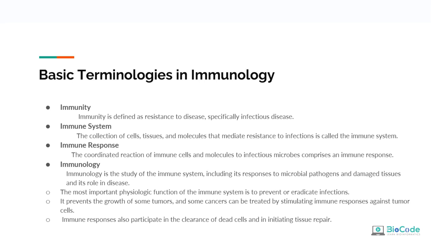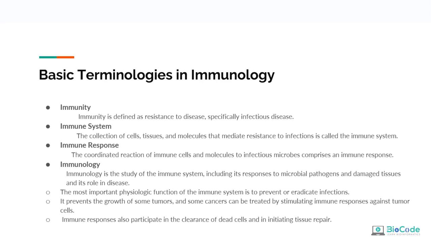So first we will learn about the basic terminologies that are used in immunology, like immunity. Immunity is defined as resistance to disease, specifically infectious diseases. Next we have the immune system.